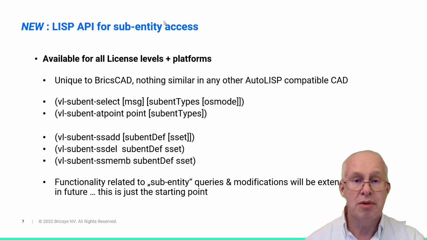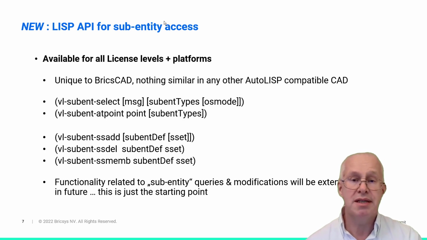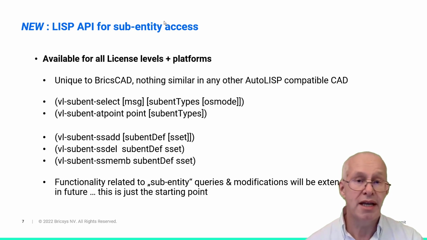A major and most important LISP feature is provided by the new sub-entity selection and sub-entity selection set functions. There are two functions to select specific sub-entities like edge, vertex, and face, programmatically and user interactively, and three functions to add, remove, and verify the sub-entity against a given selection set.